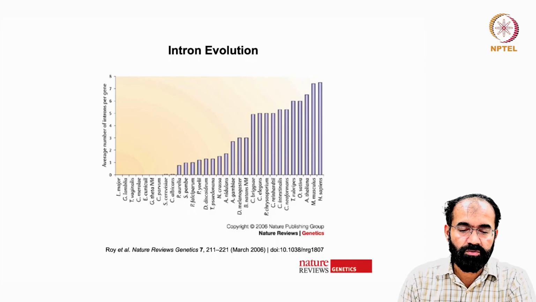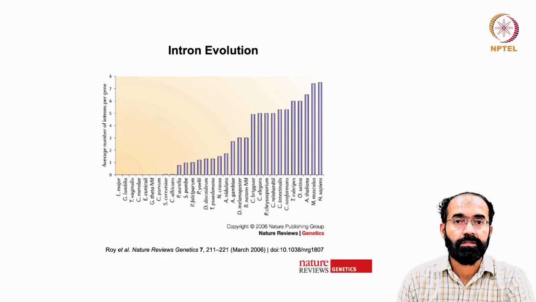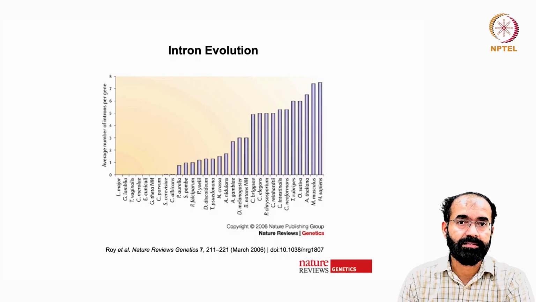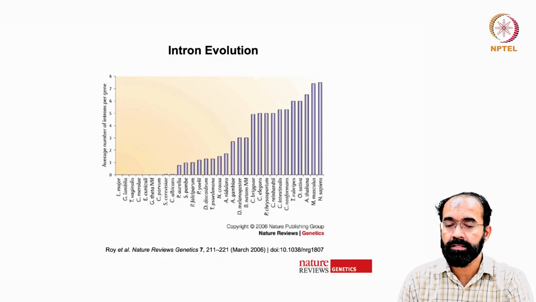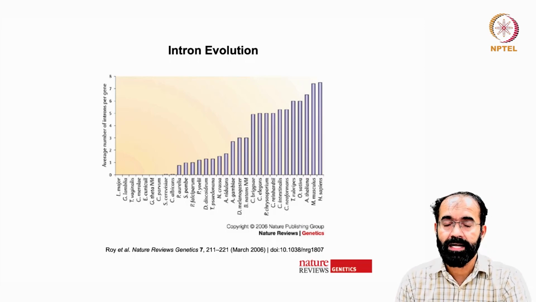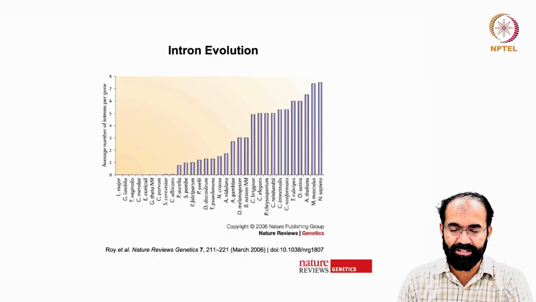So you have around 1 or 1.5 introns per gene on average, whereas in human we have around 7 to 8 introns per gene. Of course it's an average number. There are genes in human with 1 intron or no intron, and some genes with maybe 20 or 30 introns. The average number is 7 to 8.